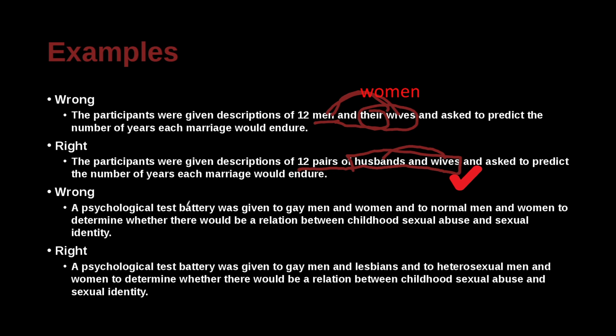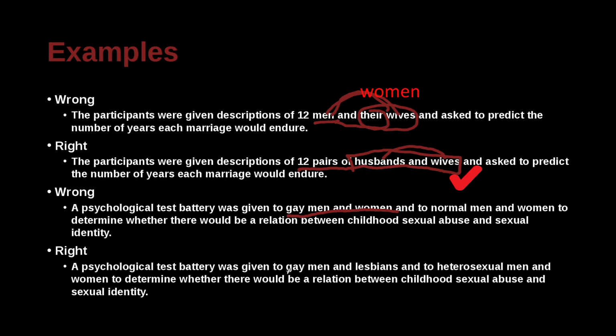The psychological test battery was given to gay men and women, and to normal men and women, to determine whether there would be a relation between childhood sexual abuse and sexual identity. The correct sentence is the psychological test battery was given to gay men and lesbians.